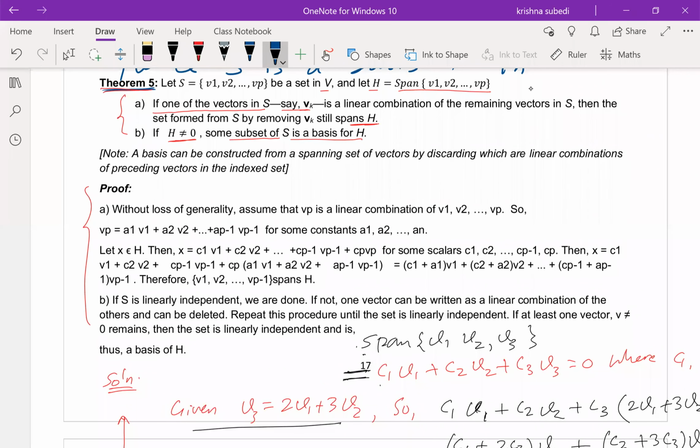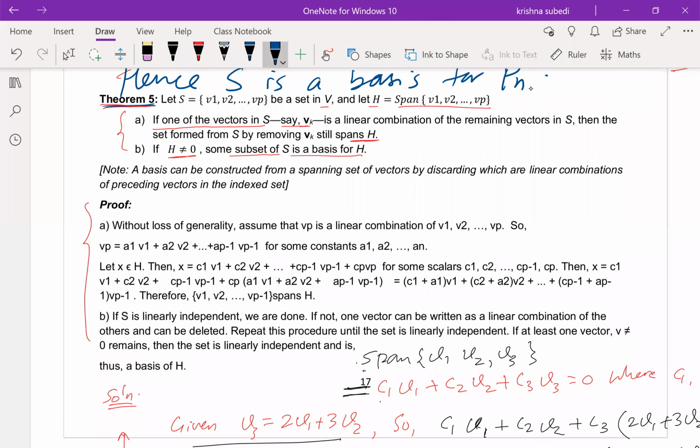We have just done, based on those examples, what Theorem 5 tells us: we have a set of vectors in V, and H is the span of all these vectors V1 up to VP.